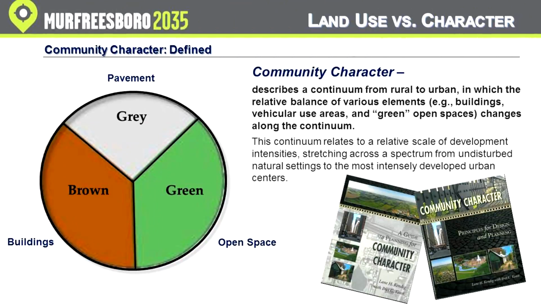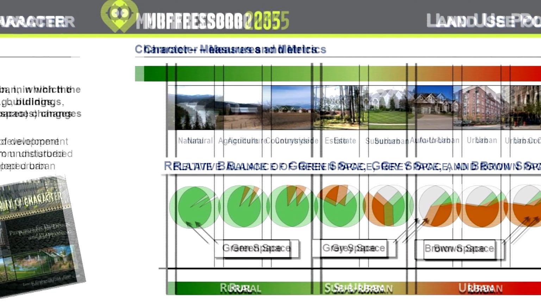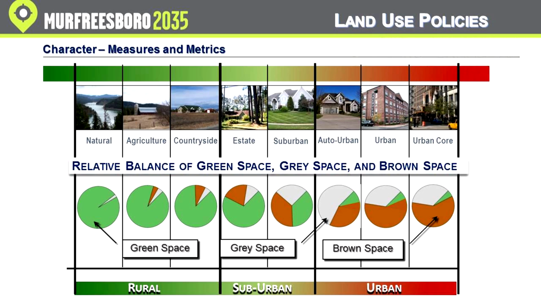Just succinctly defined, community character describes a continuum from rural to urban in which the relative balance of varying elements such as buildings, vehicular elements, and green space changes along that continuum from rural to urban. So here's a good diagram that I've shown you in the past where you have the three key elements. You have gray, brown, and green.